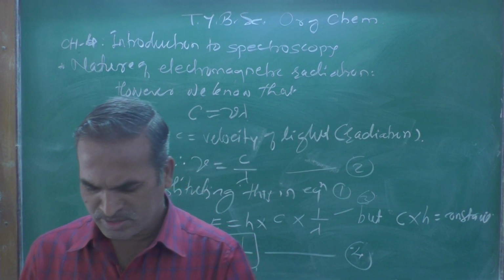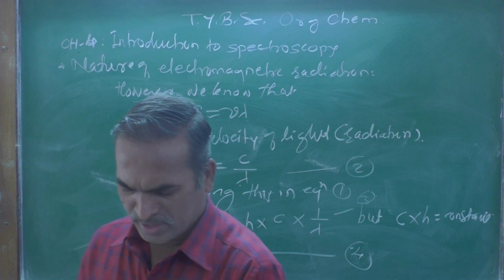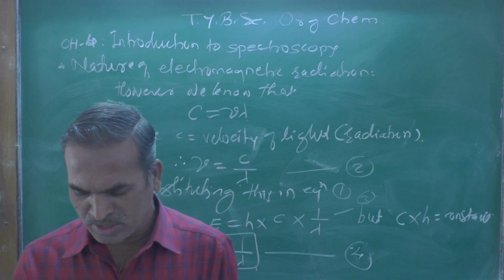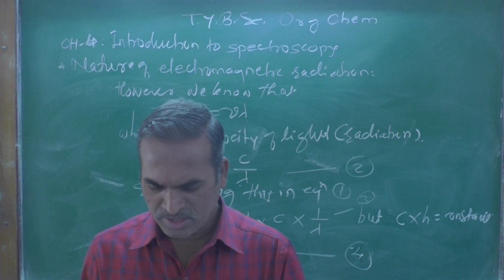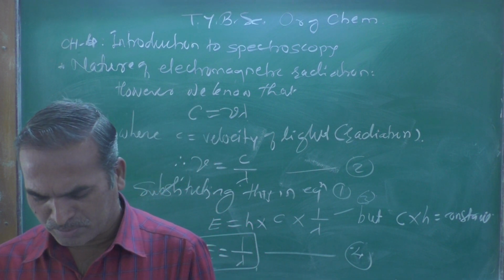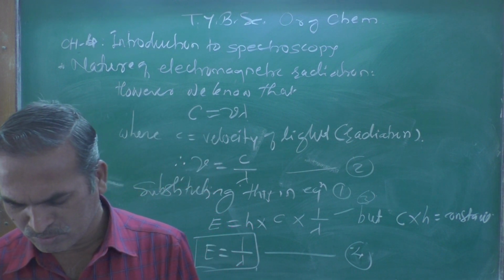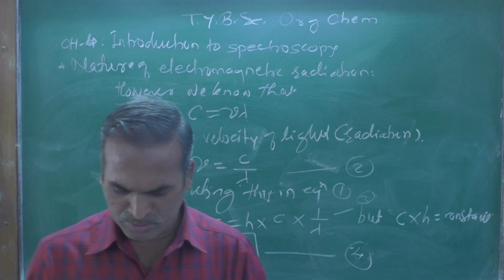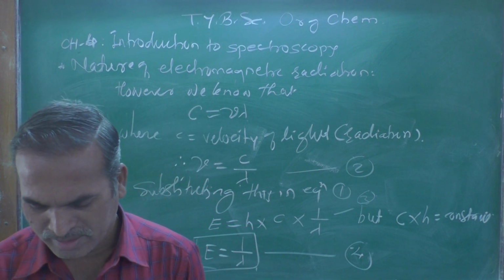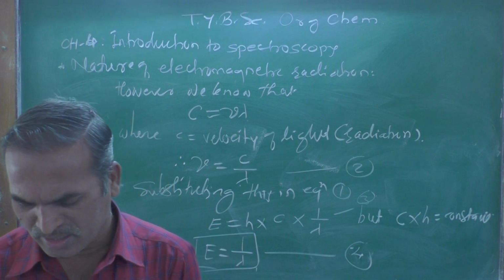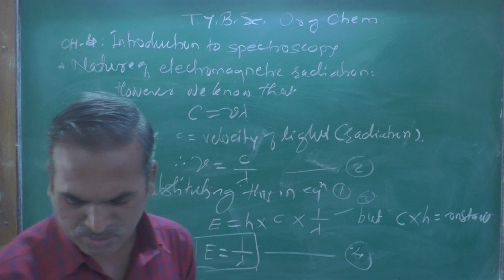This shows that the energy of radiation is inversely proportional to its wavelength. Since energy is directly proportional to frequency, that is E equal to h mu, but inversely proportional to wavelength, E is proportional to 1 upon lambda, and frequency and wavelength are inversely related to each other.